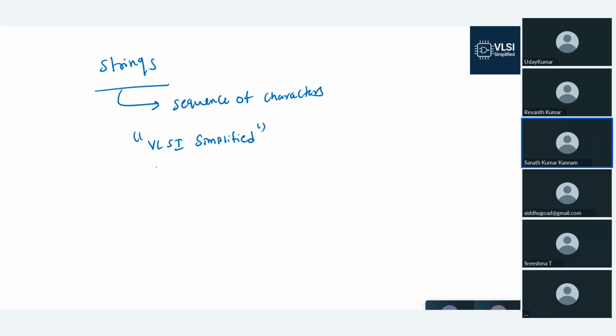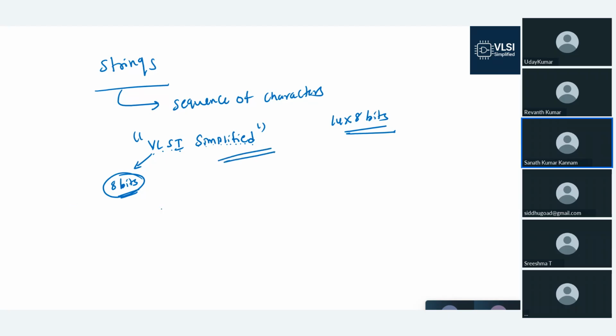Each character is how many bits? 8 bits. Each character will be stored in terms of 8 bits. How many characters are there? 1, 2, 3, up to 14. So 14 into 8 bits it will store. These are nothing but strings.